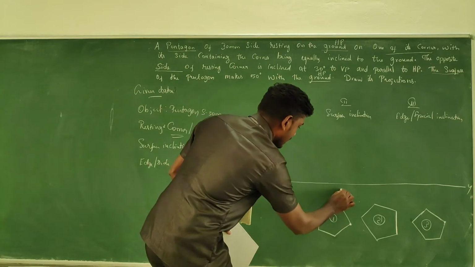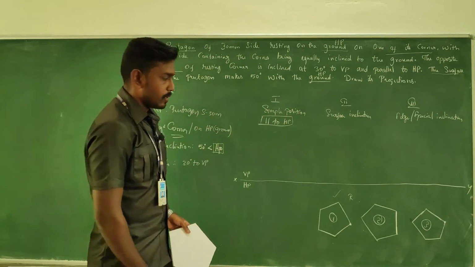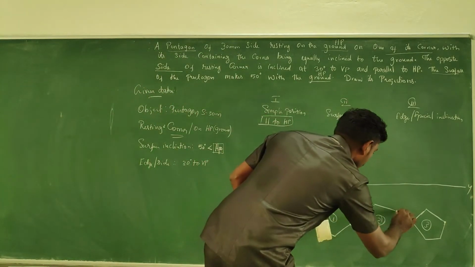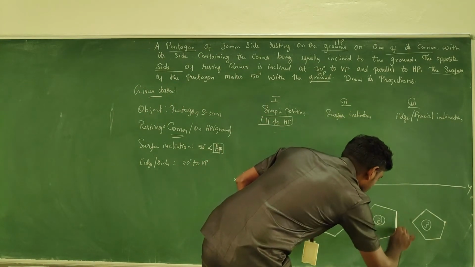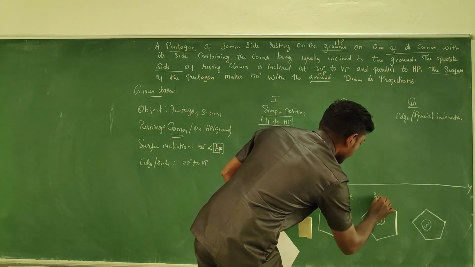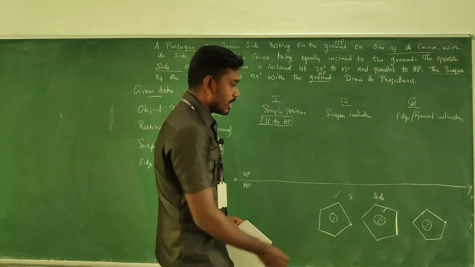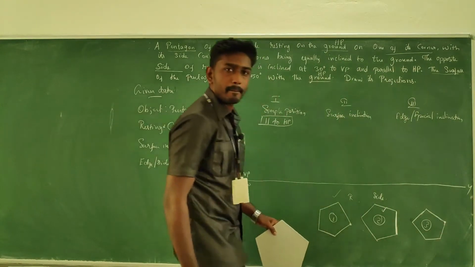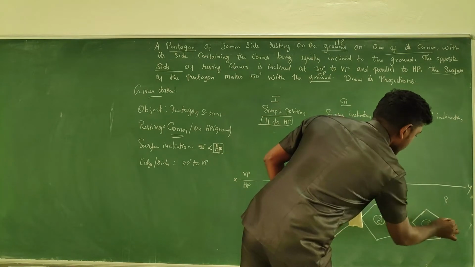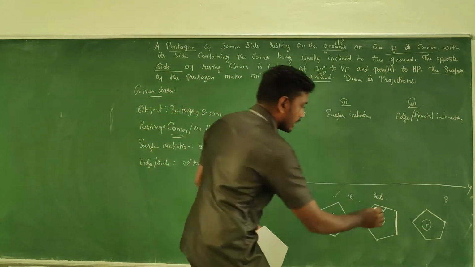If it is with a corner, this is right. If you look at the second position, if it is with a side, then this is right. And look at this position. At the right extreme, what is there? Corner. Here as well, corner.